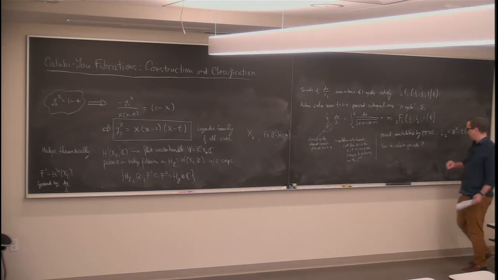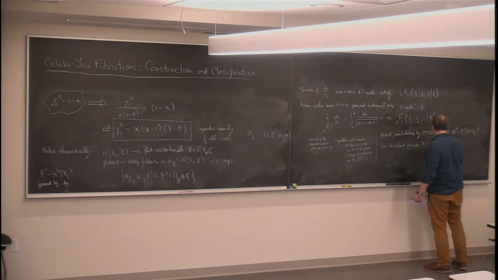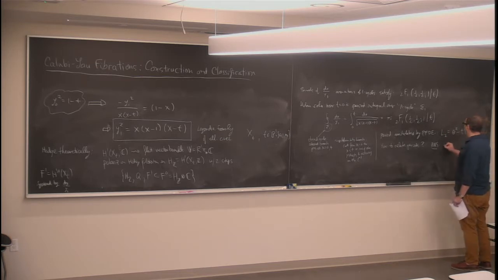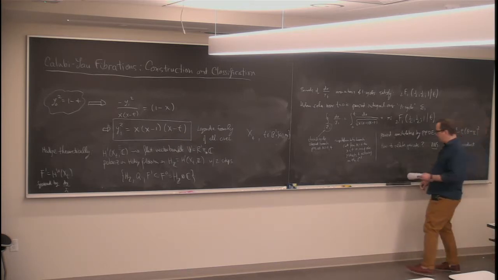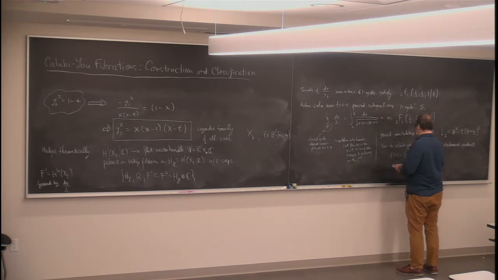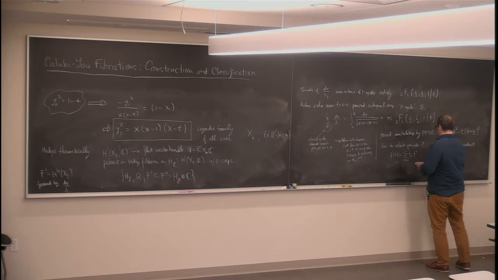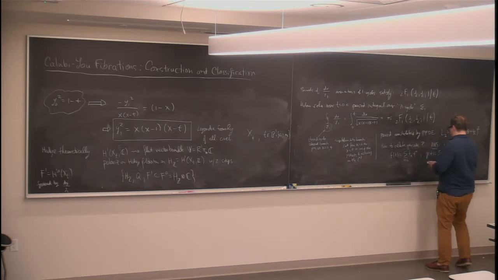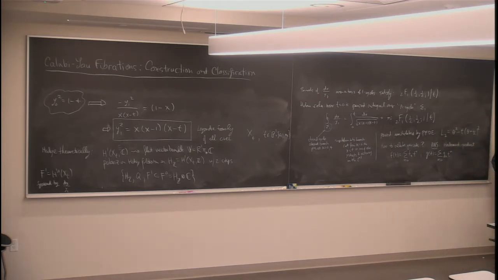Okay, so the answer, there's lots of answers, but here's an answer. The answer is what's known as the Hadamard product. Okay, so the Hadamard product takes as its starting point a pair of power series. F of t equals sum n greater than or equal to 0, f_n t to the n. G of t equals sum n greater than or equal to 0, g_n t to the n. Okay? And it's a way of combining them.